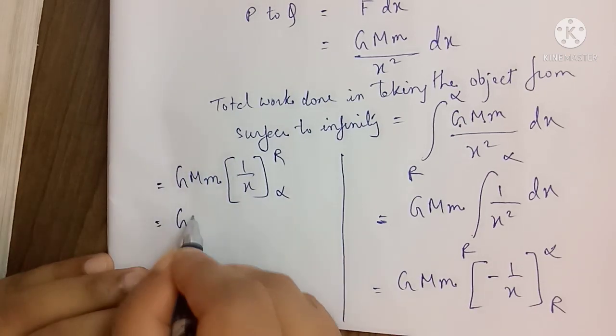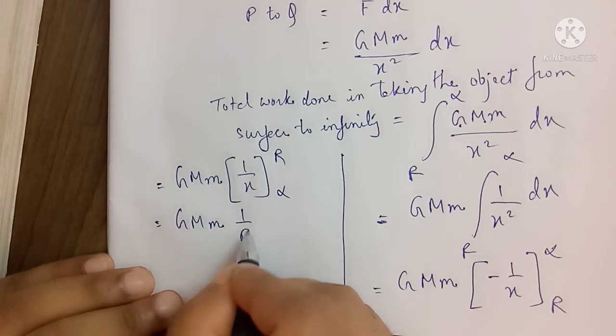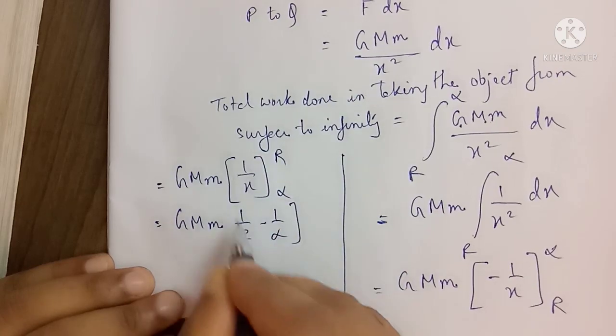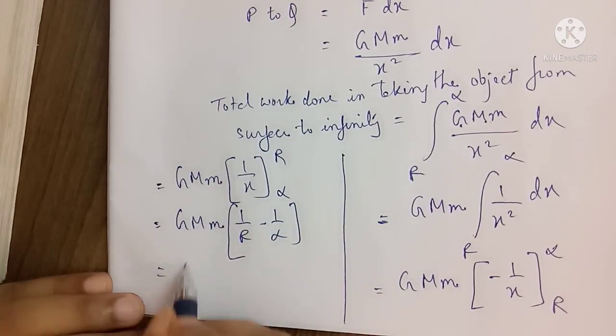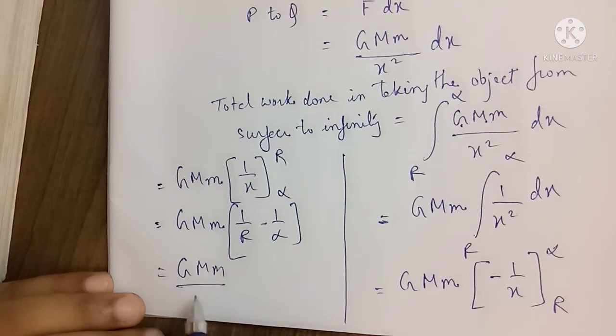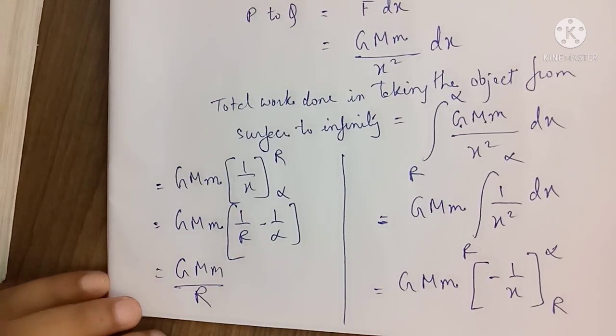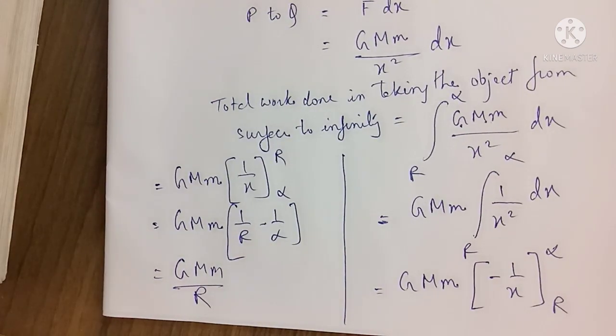Is equal to GMm, 1 by r minus 1 by infinity. 1 by infinity is 0, so it will be GMm by r. This is the amount of work done to take the object from surface of the planet to infinity. That is GMm by r, where r is the radius of earth.